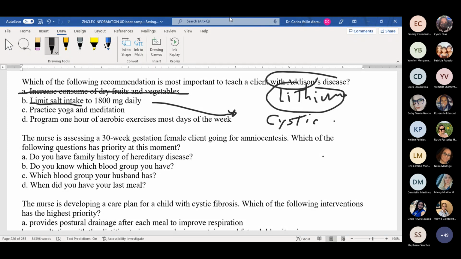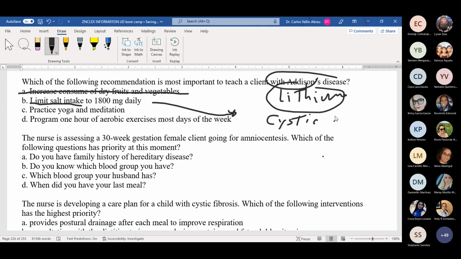In cystic fibrosis, I don't know if you remember, is a hereditary disease, autosomal recessive, that affects mainly the lungs, producing a progressive deterioration of the lung function, and also produces an exocrine pancreatic insufficiency with steatorrhea and malabsorption.